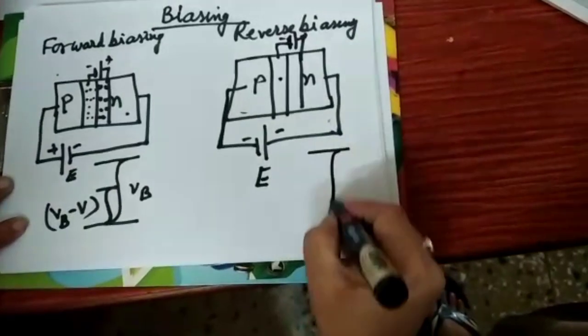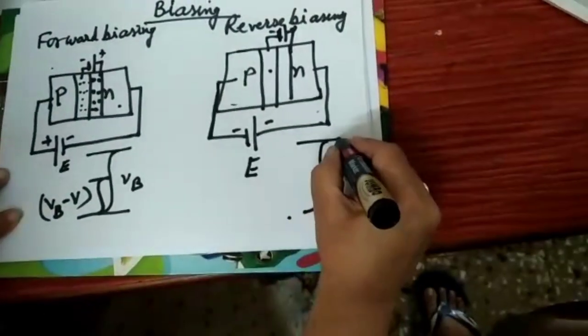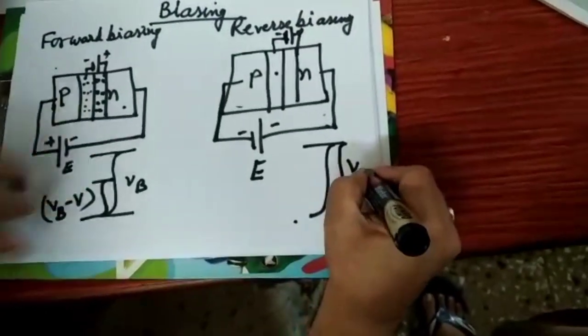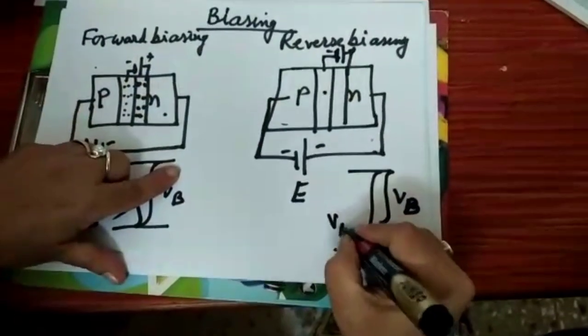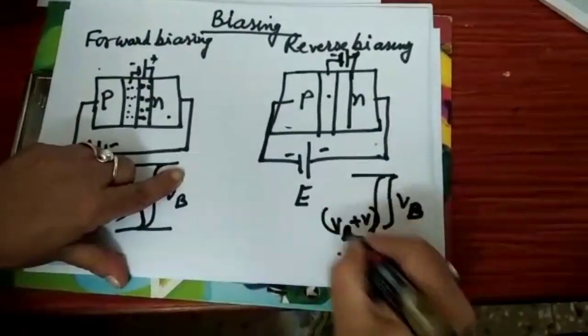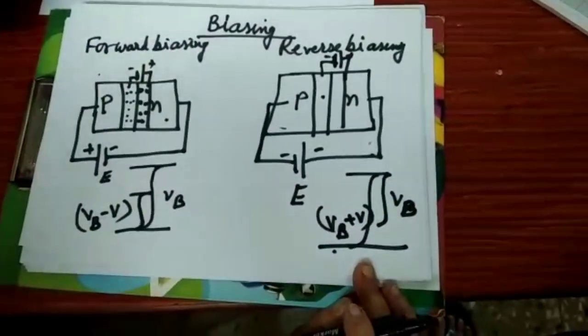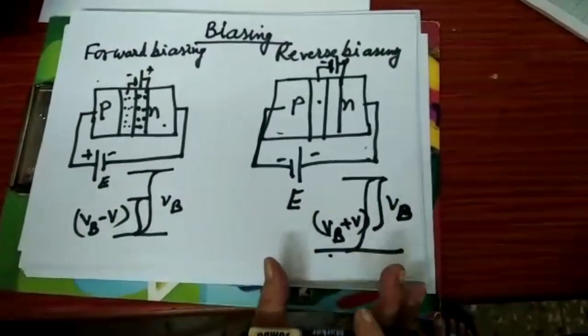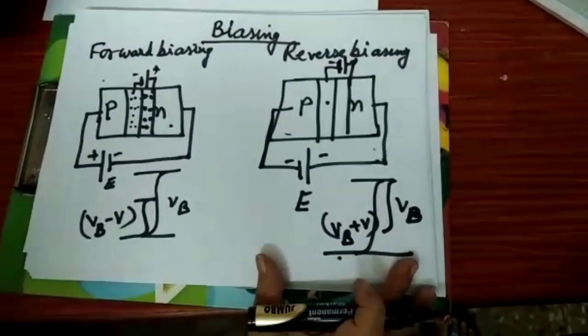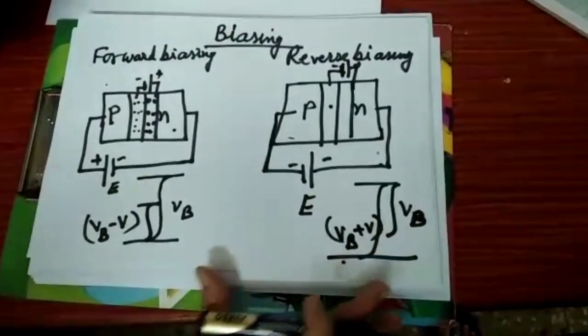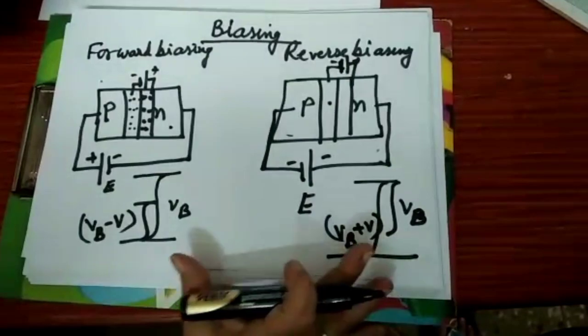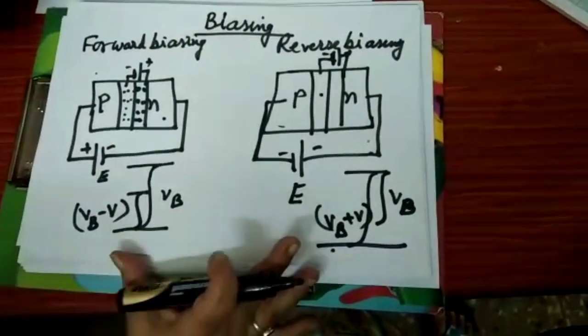That means if this is VB, then in the reverse bias this potential barrier increases. Okay, so fewer electrons move. So with this very little concept, we are going to perform this experiment.